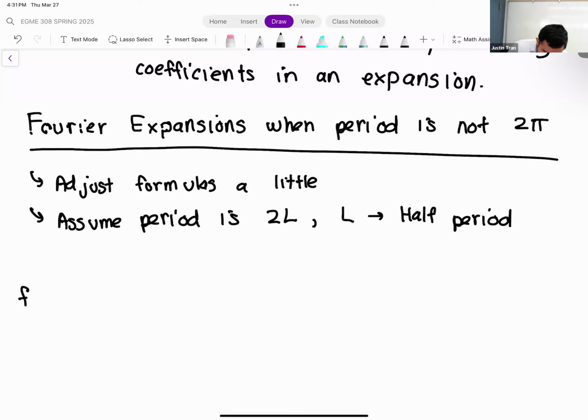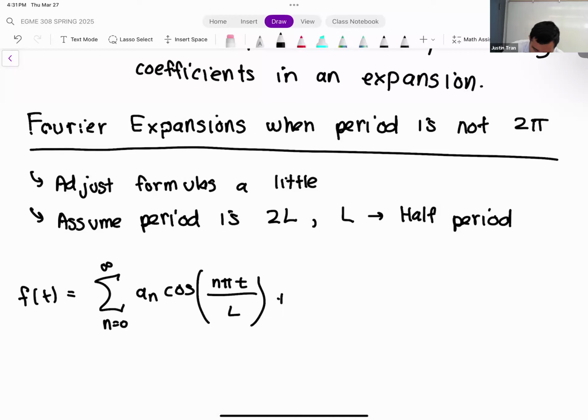And so in this situation, our expansion would look like the following. f of t is equal to the summation from n equals 0 to infinity of an cosine of nπt divided by L plus bn sine of nπt over L. Okay.